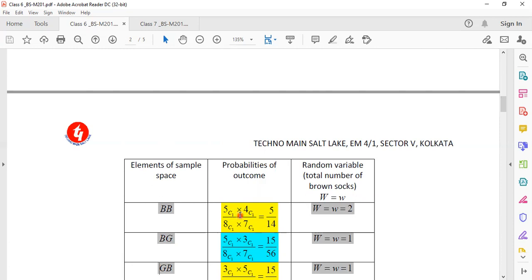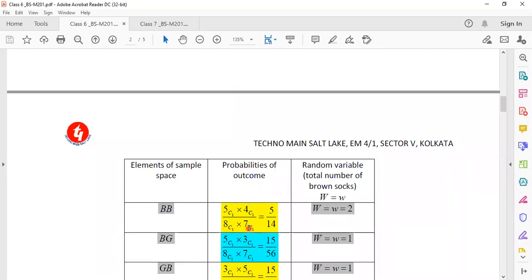Or you can write it as: out of 5 brown socks, you select one in 5C1 ways, which is 5, and from the total socks you can draw one sock in 8C1 ways, that is 8 ways, and therefore it is 5/8. Then you put this sock on the table and draw another. Since the first sock has come out brown, the total number of socks is now 7, and the number of brown socks is 4.